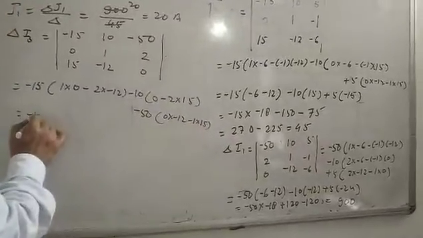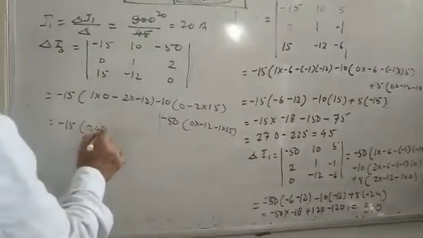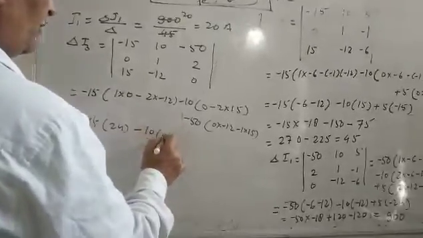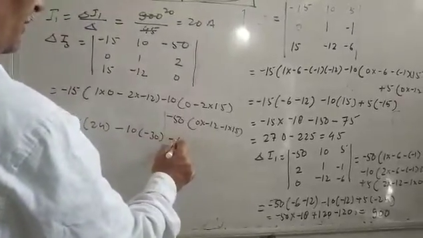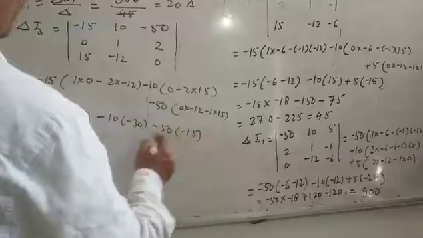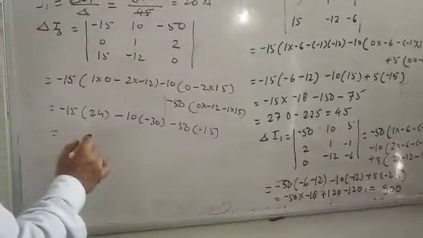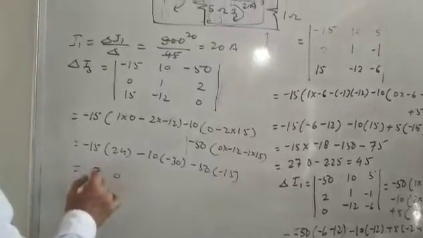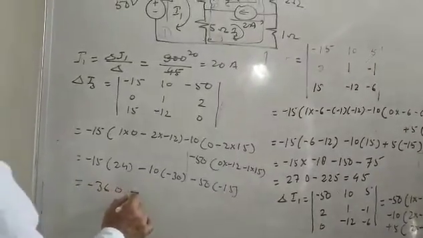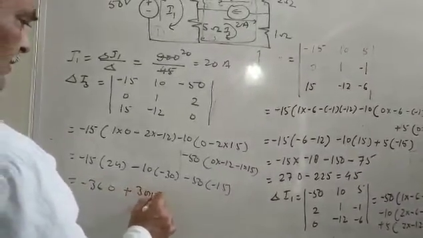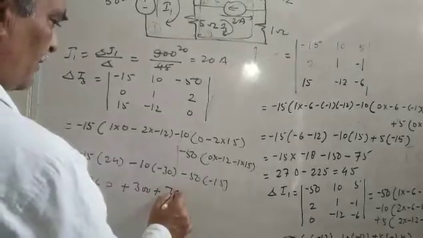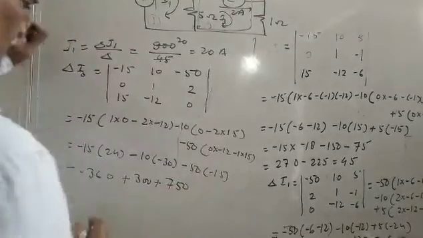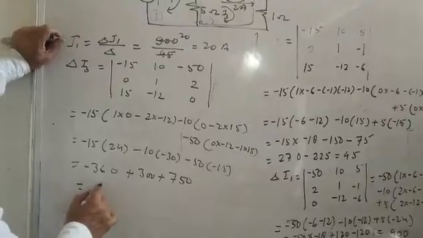This is equal to minus 15 into 24, minus 10 into minus 30, minus 50 into minus 15. This is equal to 360 plus 300 plus 750. This is equal to 690.